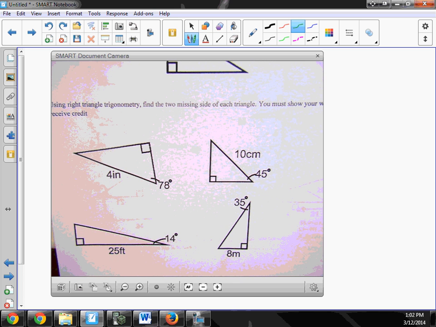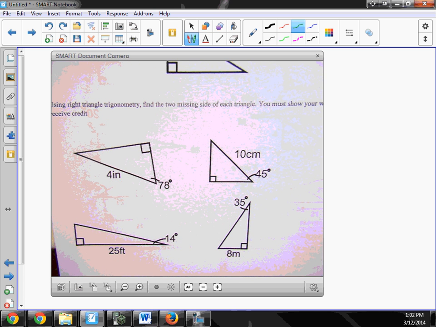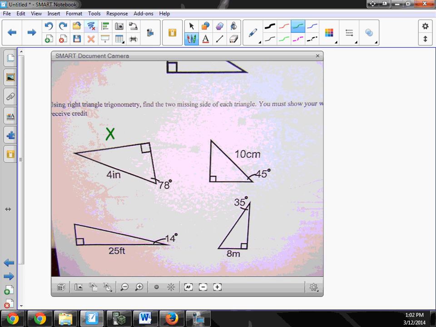Okay. So here I have a 78-degree angle, a 4-inch line. What would this side be called? Opposite. Okay, and what's the name of the side that I know? So this is called the hypotenuse.